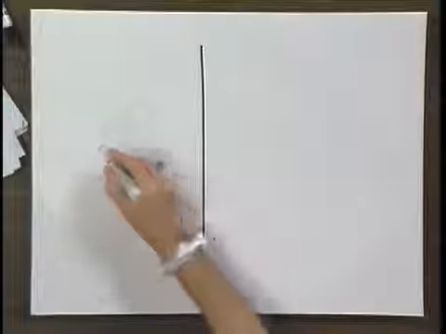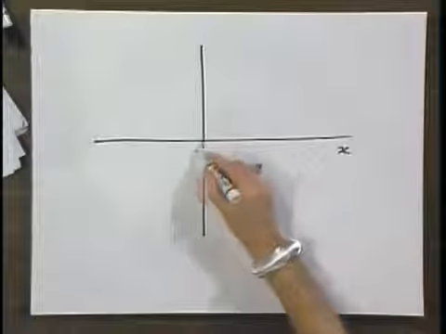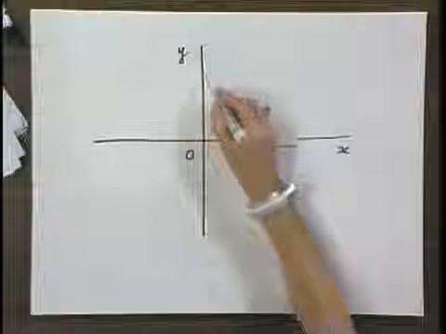So we have now here the y-axis, and we have the plus x-axis, the origin, plus y-axis.